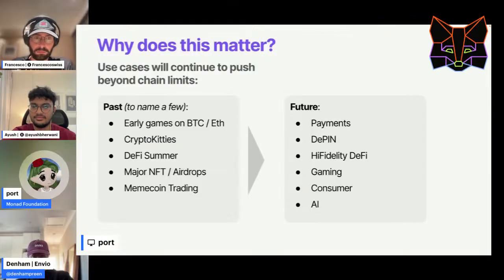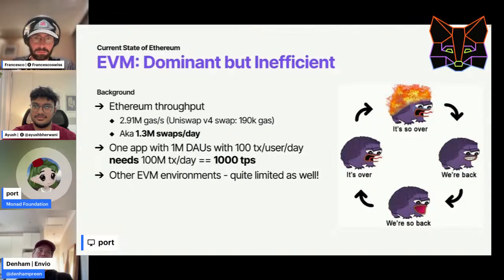We have something called DePIN. We have high fidelity DeFi, and I don't know what that is right now, but we have lots of cool things happening. But what's the problem with the EVM? As you can see in this meme, the EVM is dominant, Ethereum is amazing, but it's a slow moving ship.